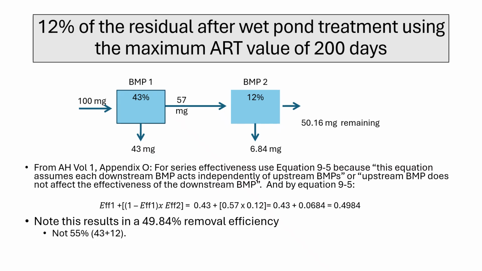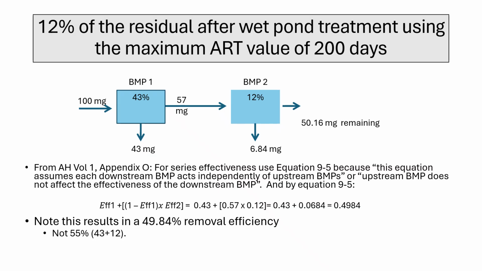As you can see, the total removal efficiency is 49.84%, not a simple sum of 43% plus 12%, which would be 55%. The combined efficiency is calculated using equation 9-5: 0.43 for the first BMP, plus the product of the remaining pollutant after the first BMP, which is 1 minus 0.43, or 0.57, multiplied by the second BMP's efficiency, 0.12.